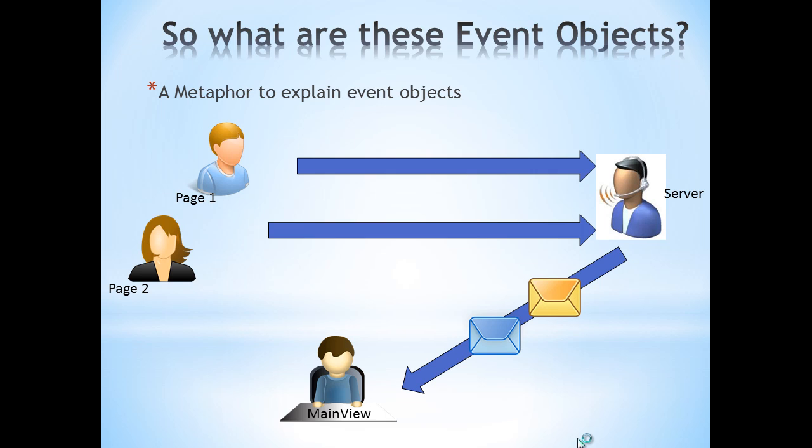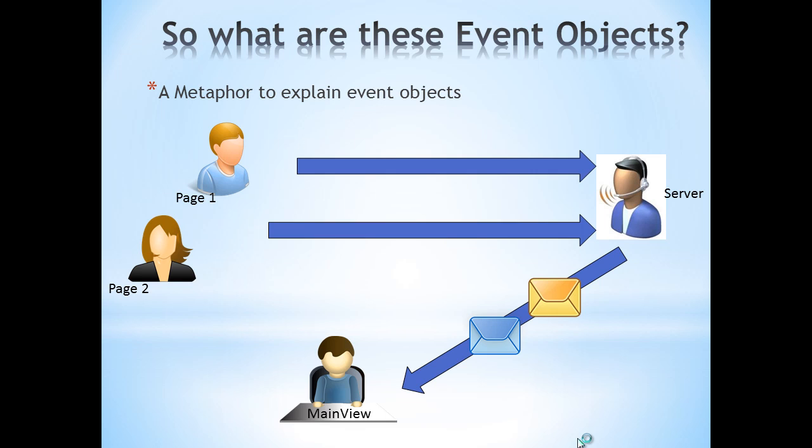The server is going to send the information requested by page 1 and page 2 to the main view above it. And if you can't remember what the main view is, please refer to my GUI tutorial. So the information sent back for page 1, for example, is going to be in a blue envelope, and the information for page 2 is going to be in a yellow envelope.